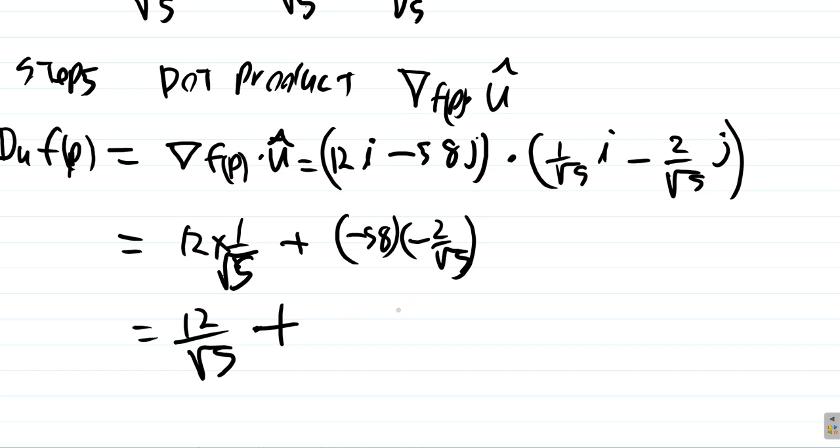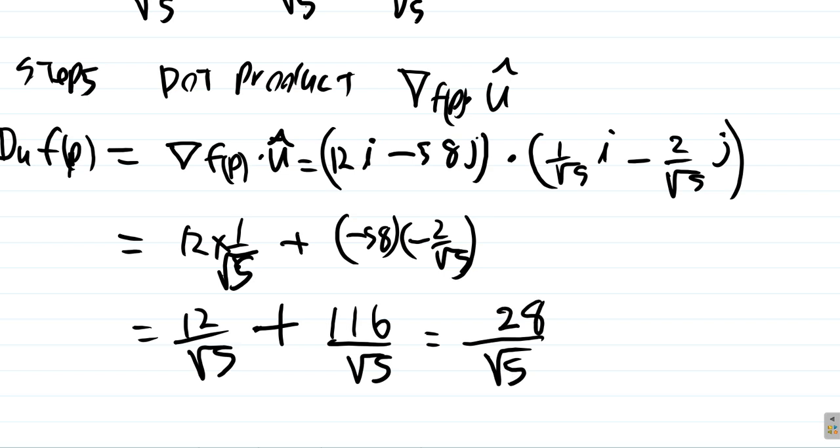58 times 2 is what? 2, 8, 16. You know, the 6 carry 1, 2, 5, 10, and 1, 11. Is 116. Alright? Over the square root of 5. Now, this is equal to something over the square root of 5. If you remember your fractions, you just add these numbers at the top. 6 and 2, 8. 1 and 1, 2, 1. 128 divided by the square root of 5.